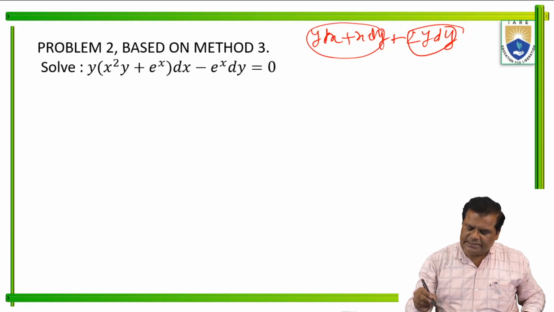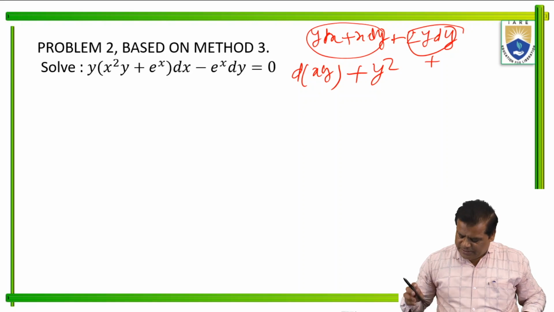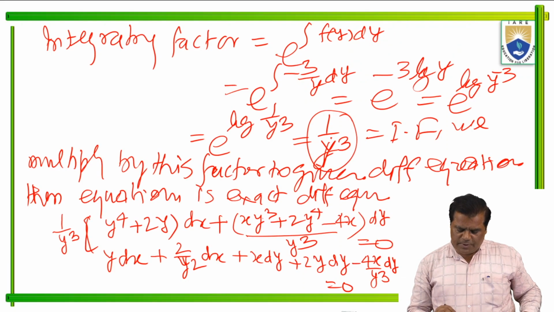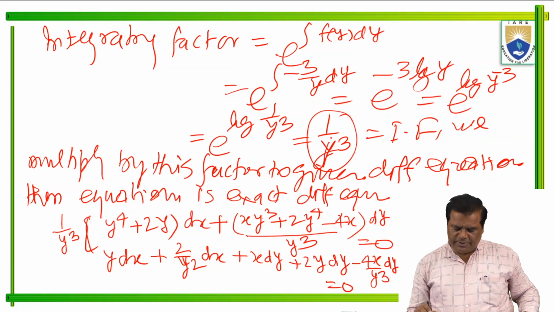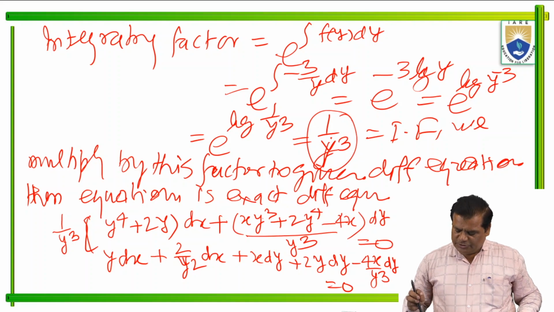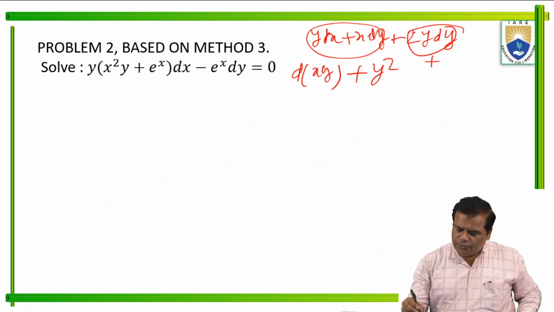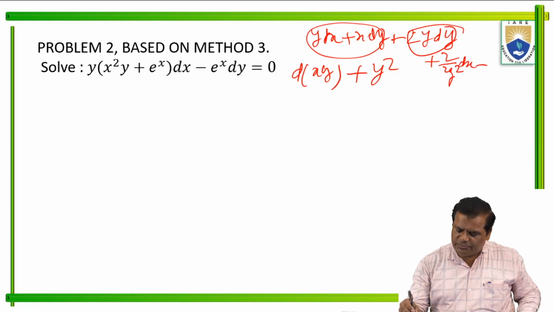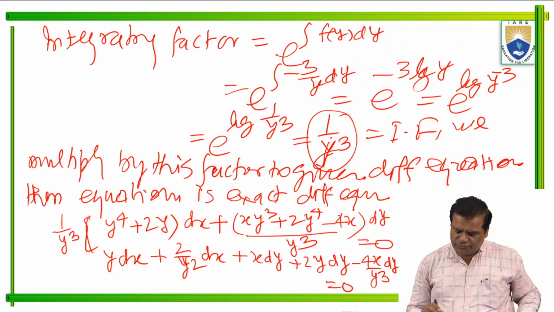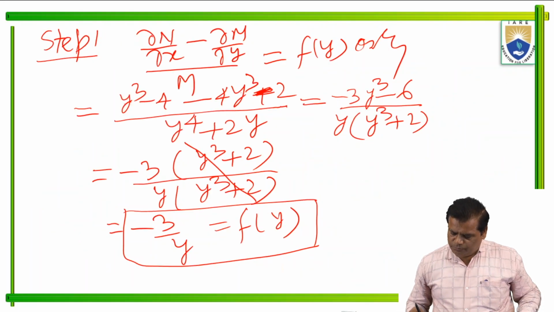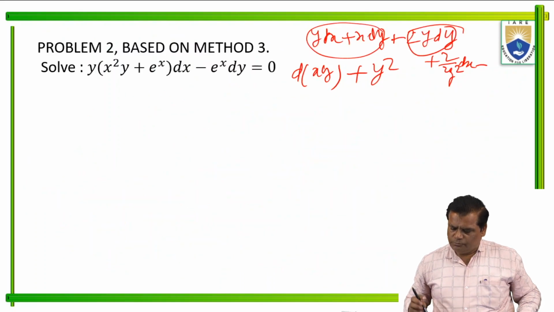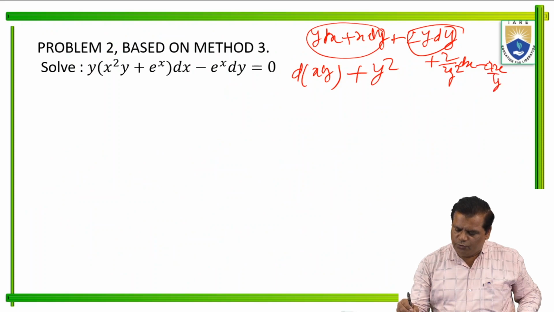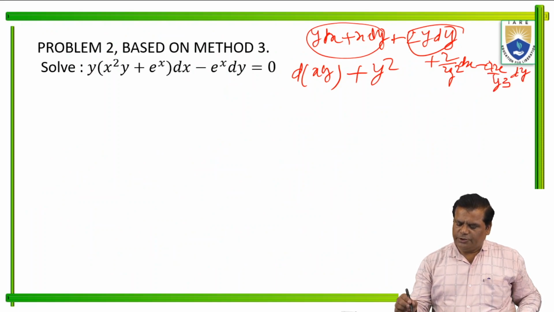This is also y dx plus x dy. We can write it as d of xy, and plus we can write y dy as d of y square by 2. And the next function plus here, 2 upon y square dx minus 4x upon y cube dy, equal to 0.